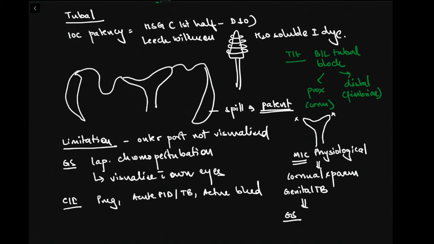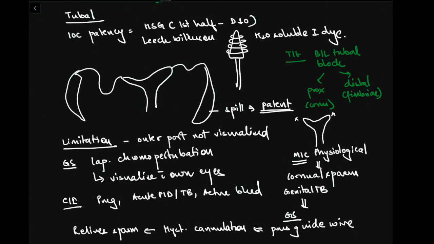How will we confirm? By doing the gold standard again. We are doing a laparoscopic chromopertubation, and we pass a guide wire, and we also do hysteroscopic cannulation that relieves the spasm. If the spasm is relieved, then it indicates a physiological cause.